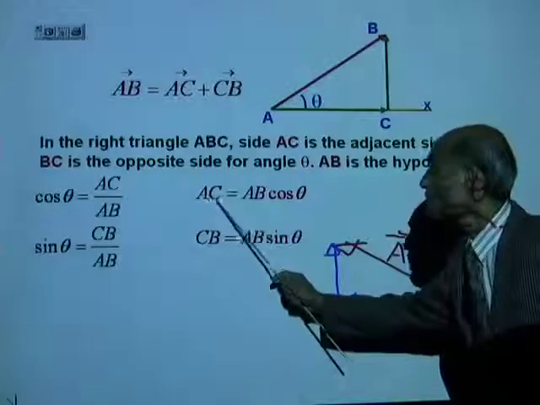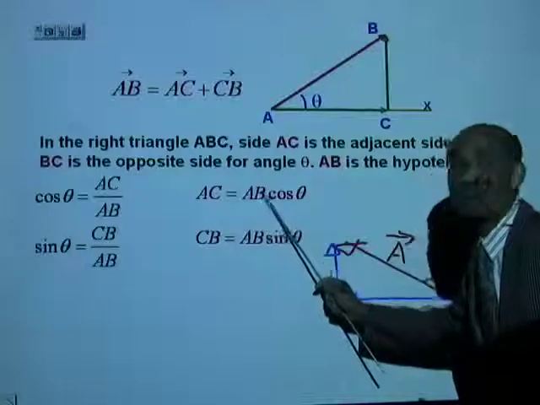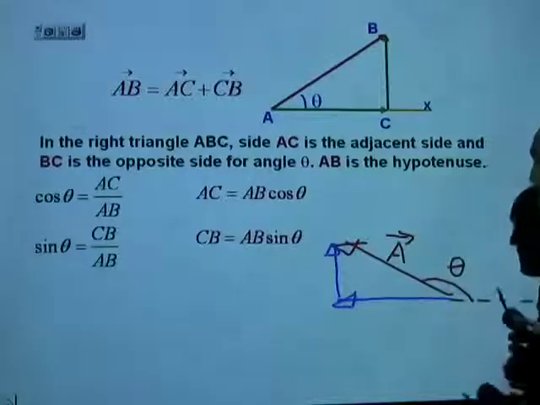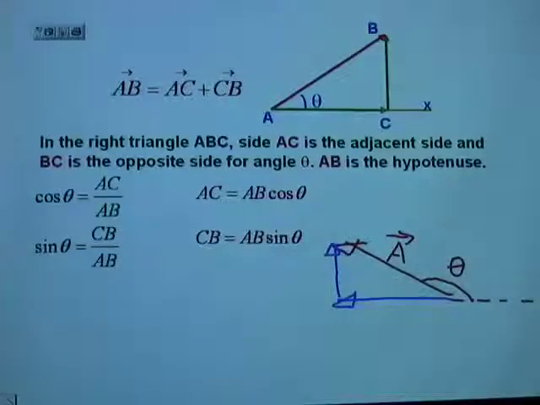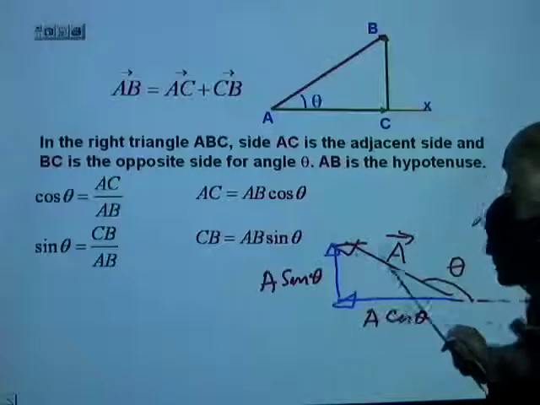Now, the x component is the vector times cos theta. So, this x component will be vector A times cos theta, and the y component will be vector A times sin theta. Now, you must be very clear about it.